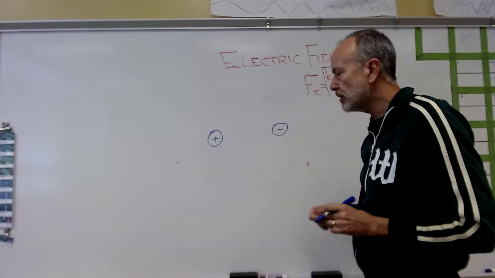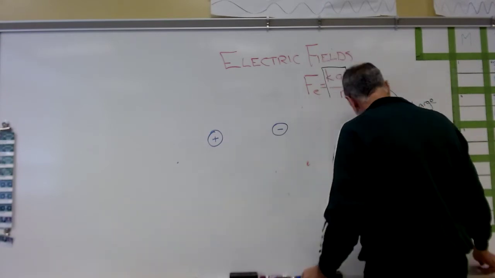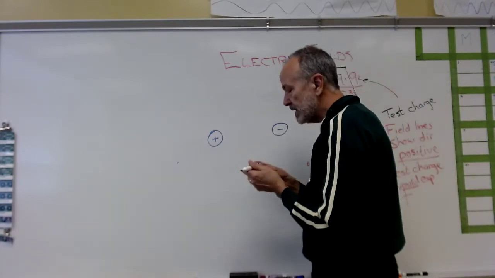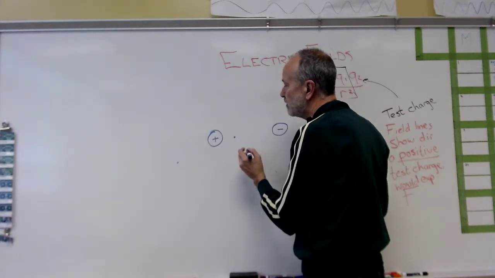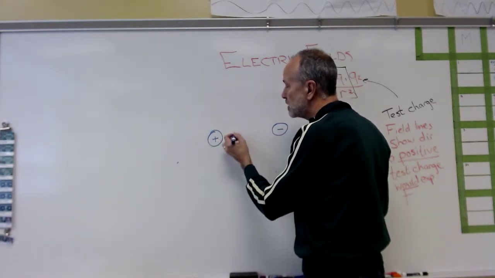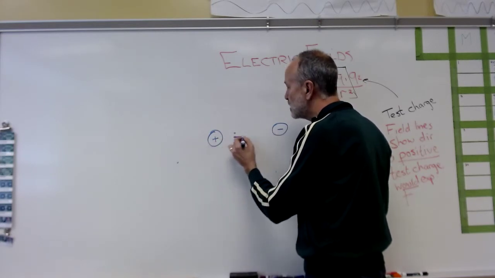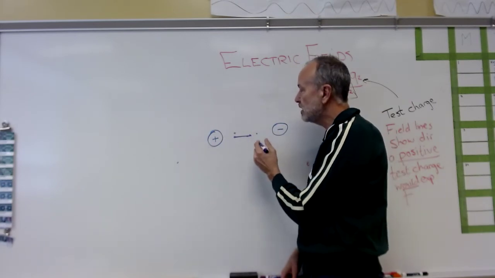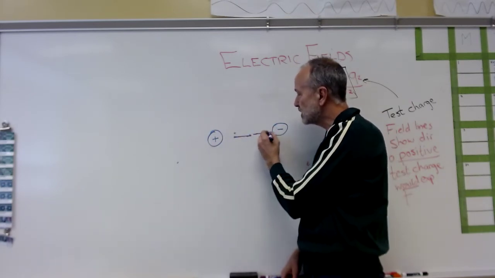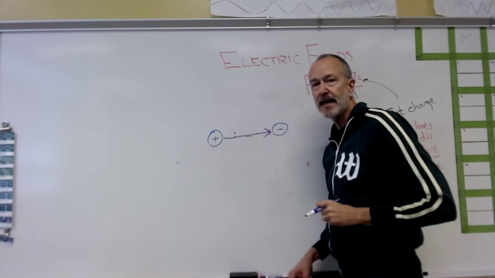Same sort of thing going on here. I don't expect you to be able to draw these perfectly, but we do know one thing. If I put a positive test charge here, it would get repelled by this, and it would get attracted by this. So there'd be a strong force in that direction. If I put a positive test charge there, same thing, it's going to get pulled in that direction. So there's definitely going to be a field line that looks like that.